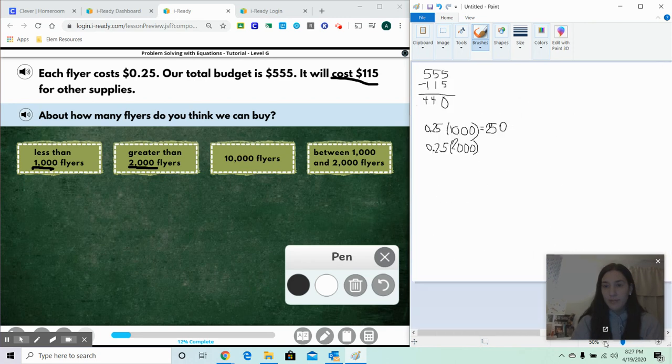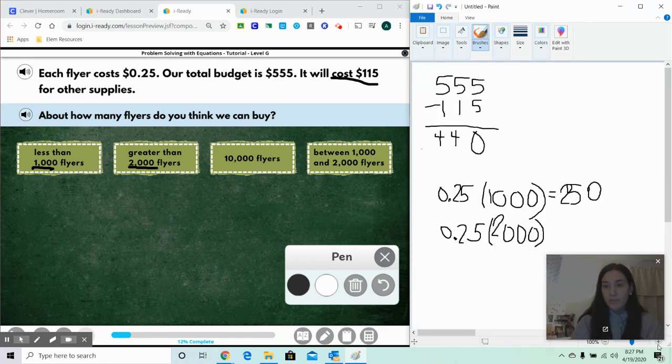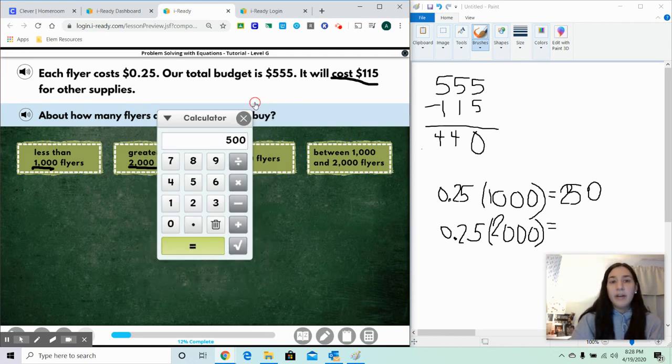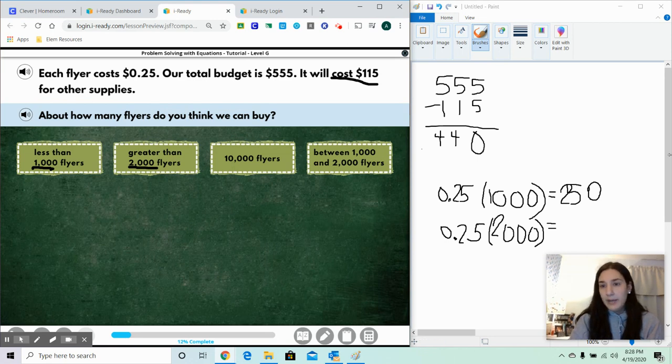I zoomed in here. I'll just show you how we can go back and forth and pull up our different resources. So 0.25 times 2,000, and we get 500. So it's just double what we had over here. So let's just write that down on here, 500.